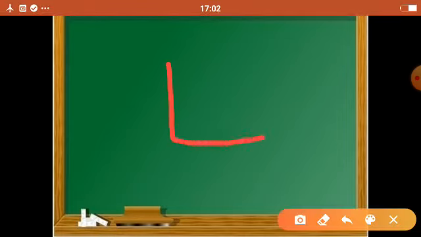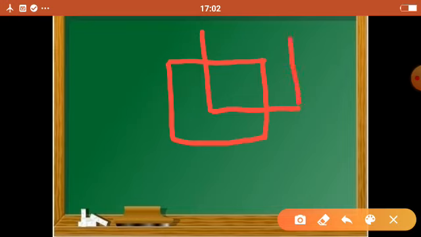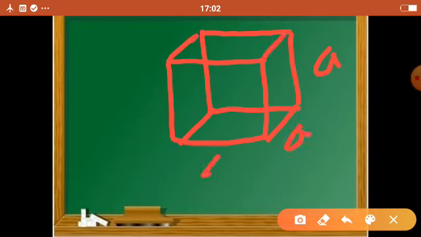Now suppose we consider a unit cell having edge length, suppose it's A, and this is also A, this is also A. So length, breadth, height are all equal.